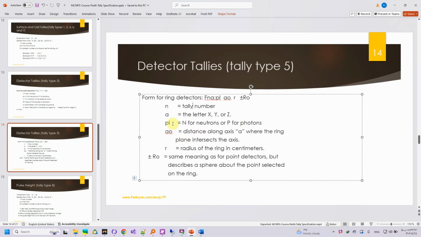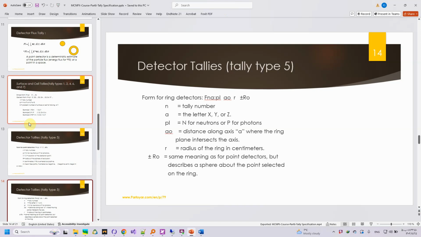And also the type of particles, and the distance along the z-axis, A, where the ring is placed on the axis. R is a radius, and here, similar to the previous, is R0, and this is the ring of detectors.